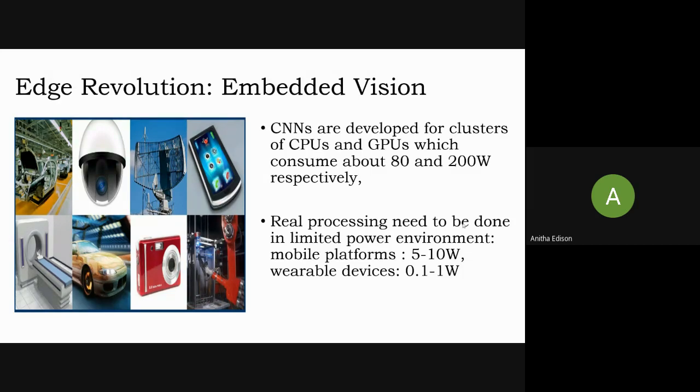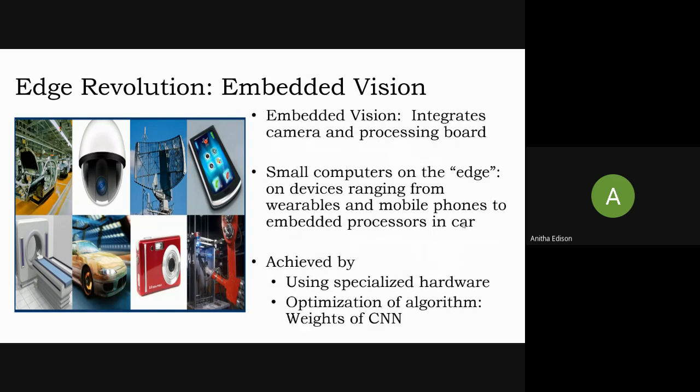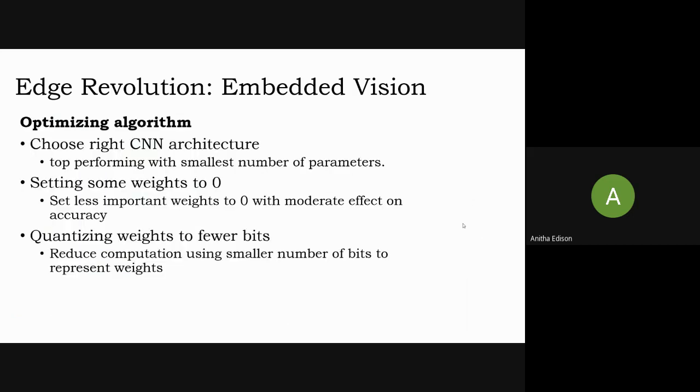We want this to consume very little power, so we want to optimize our algorithms. Two types of research are done. Developing specialized hardware is done, and optimization of already existing algorithms is also done in embedded vision. That is a very prominent area which can be researched.